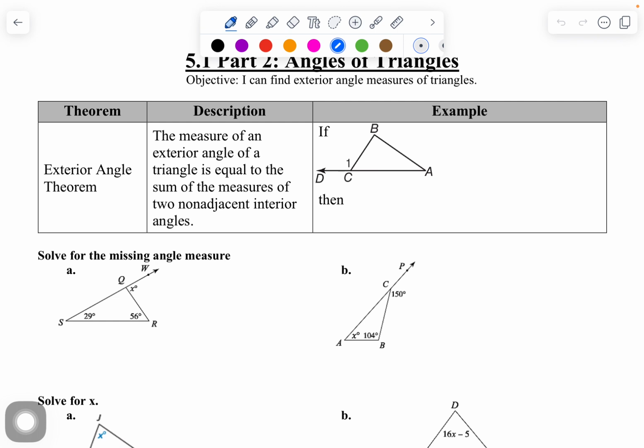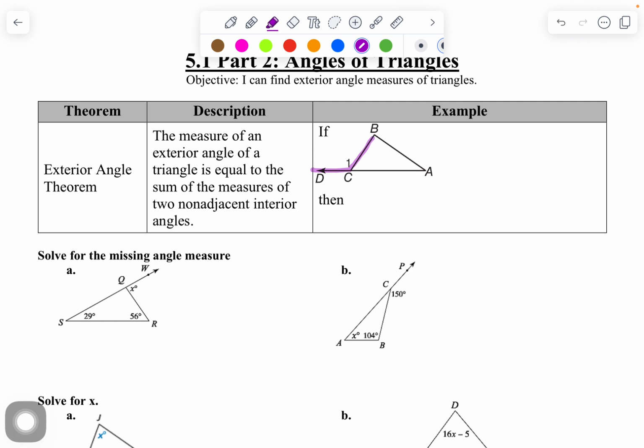So, today we are going to be going through what's called the exterior angle theorem for triangles. If you take a triangle and extend one of the sides of the triangle, what'll end up happening is you'll create what's known as an exterior angle.